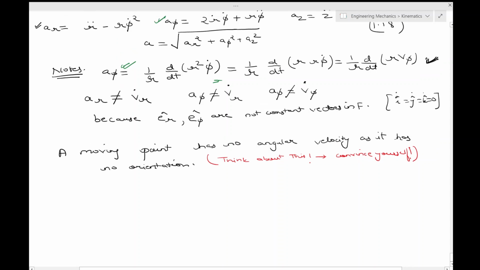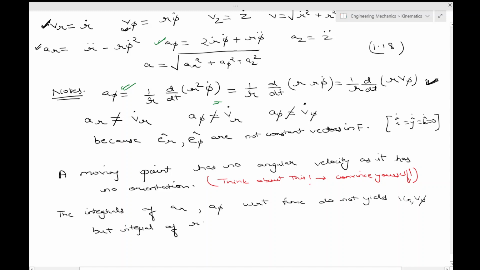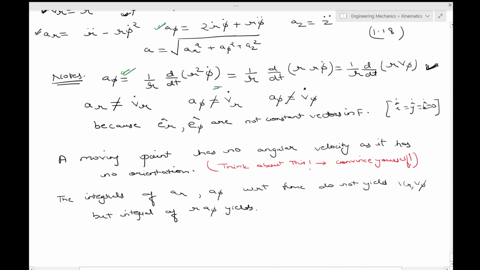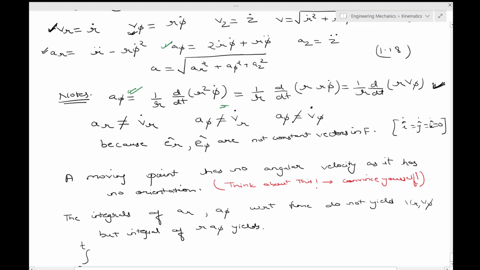The integrals of AR with respect to time do not yield VR and V phi, but the integral of R A phi yields something useful.